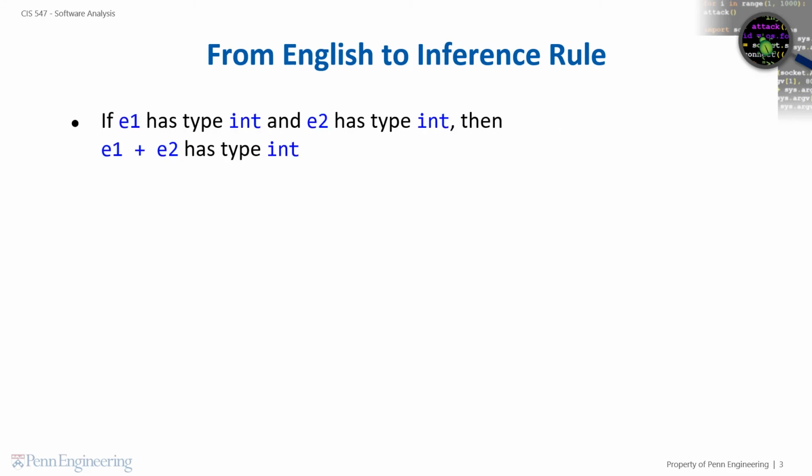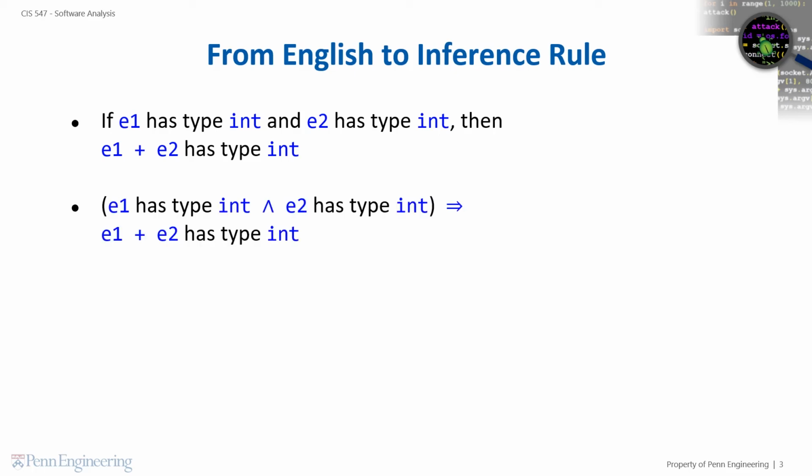Let's see how we can express the following English sentence in our notation for inference rules. If E1 has type int and E2 has type int, then E1 plus E2 has type int. First, we can group the first two type declarations together with an inverted V to represent their conjunction by the logical AND.